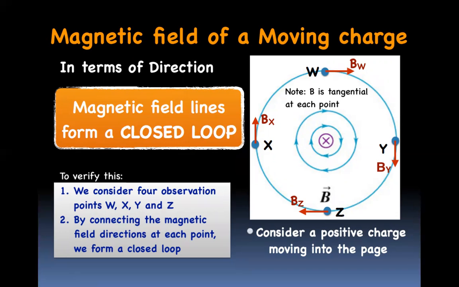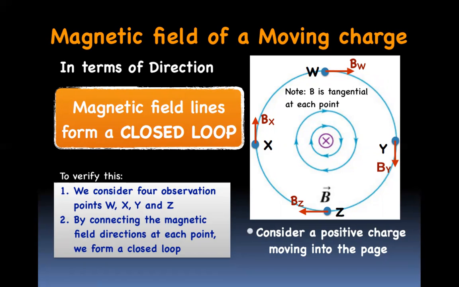At point W, by doing the right hand rule, we can verify that the magnetic field is to the right. At point Y, the magnetic field is downward. At point Z, the magnetic field is to the left. Lastly, at point X, the magnetic field is upward.